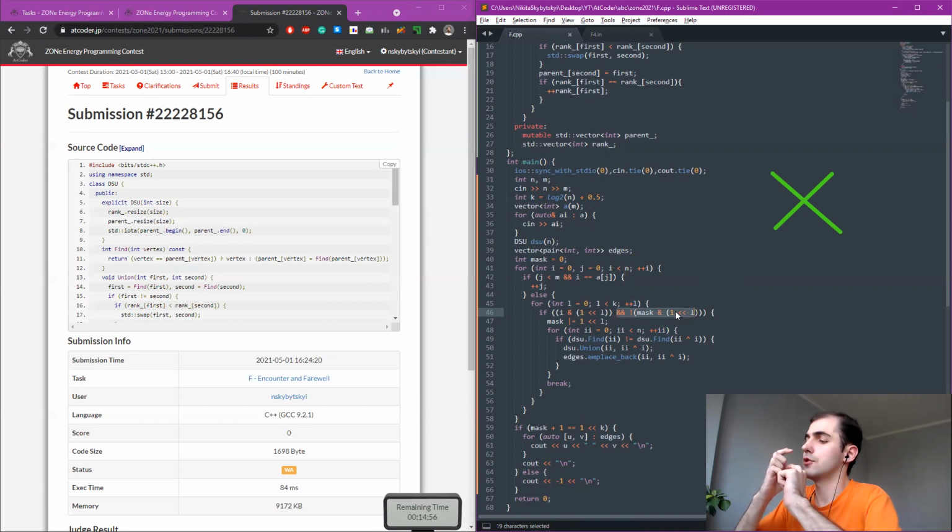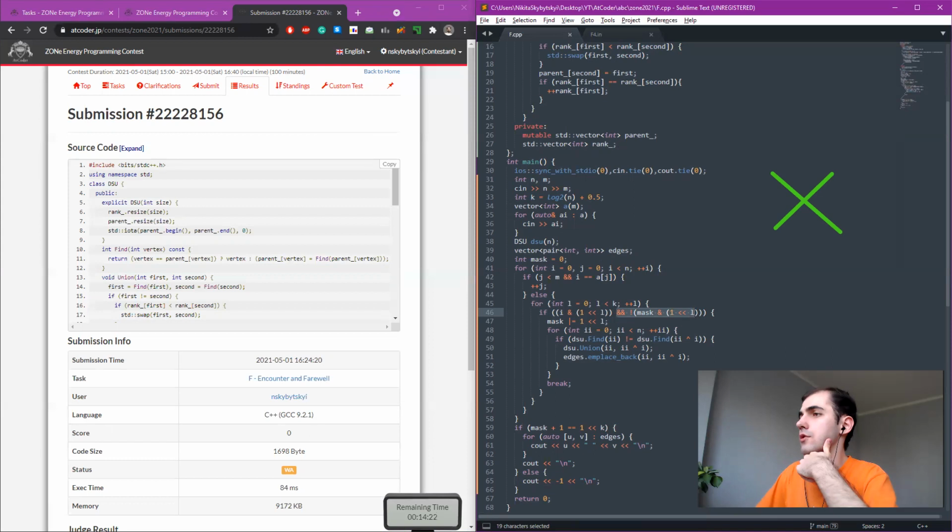We should use some number in a different way, right?